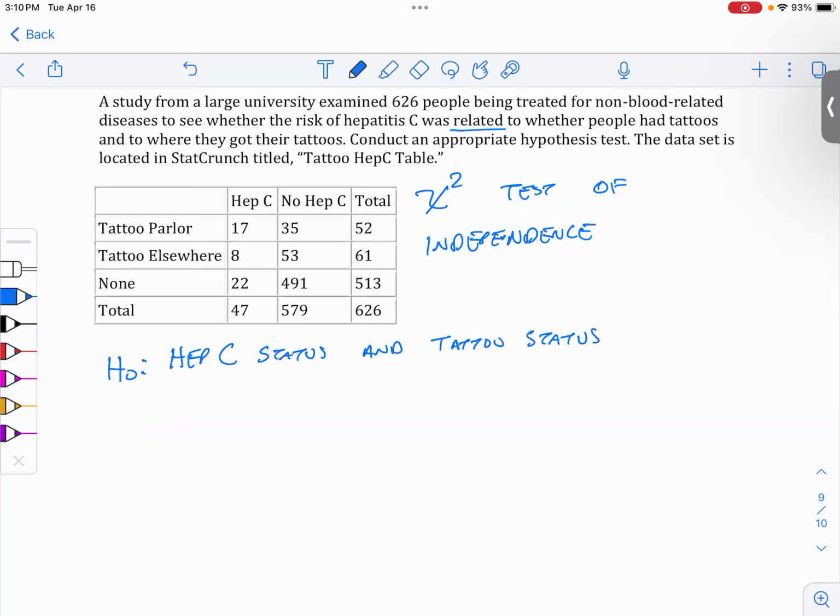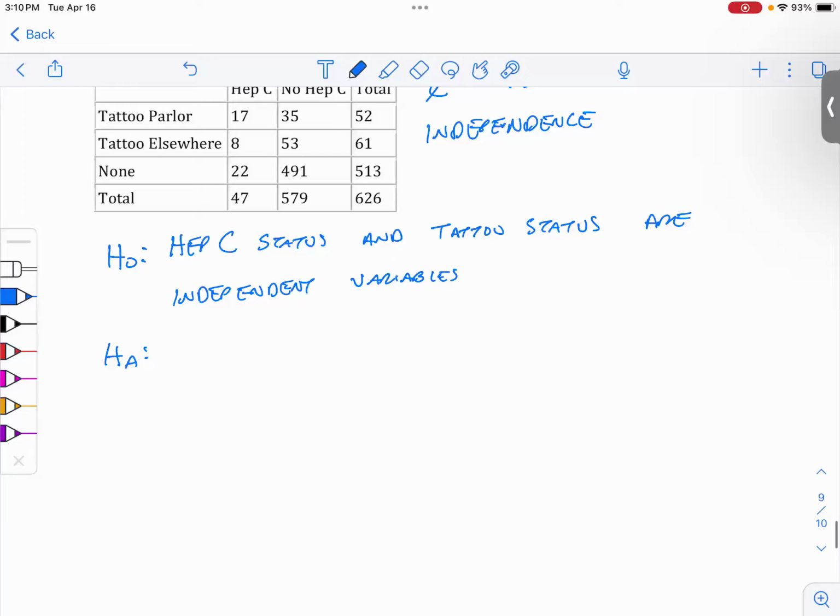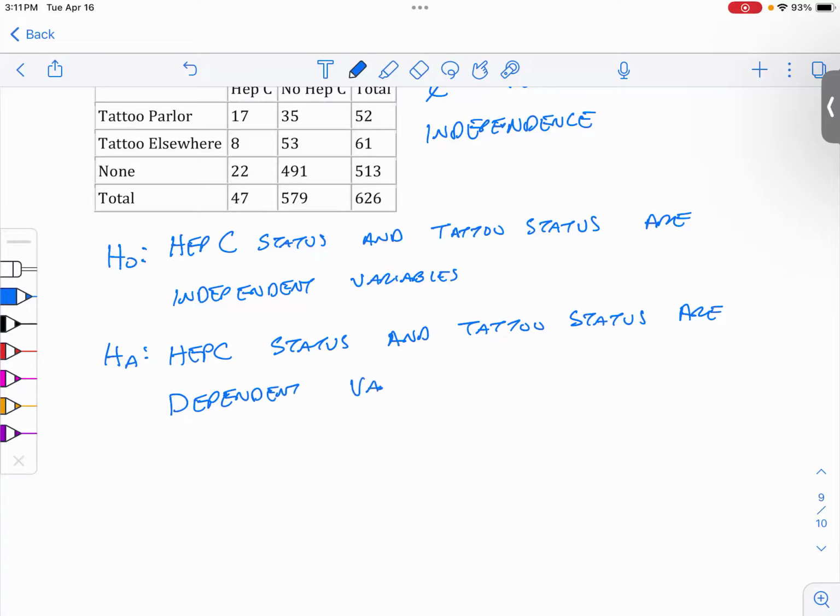So Hep C status and tattoo status are independent variables, versus Hep C status and tattoo status are dependent variables.